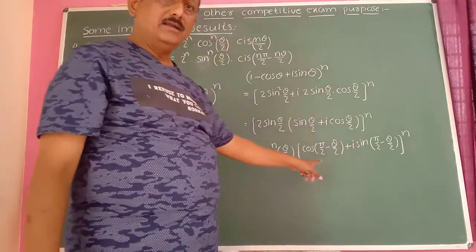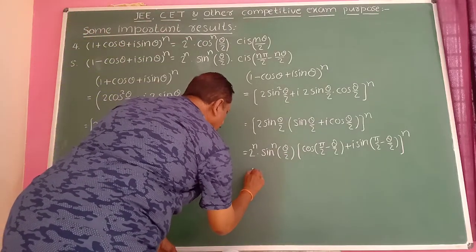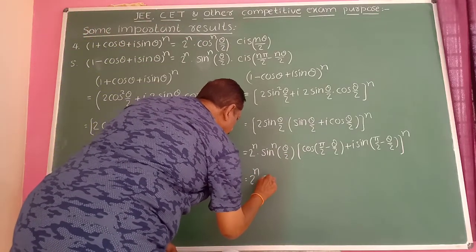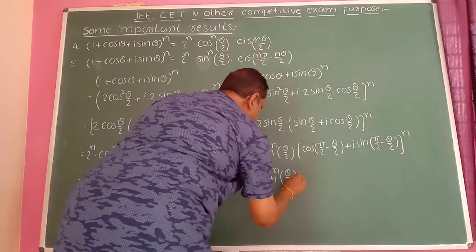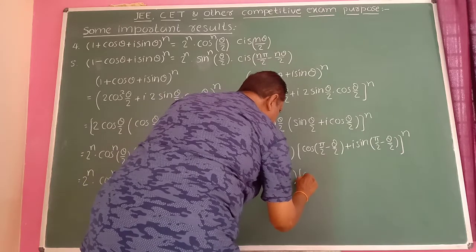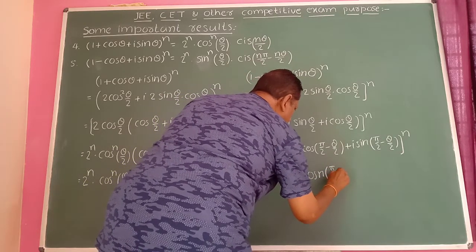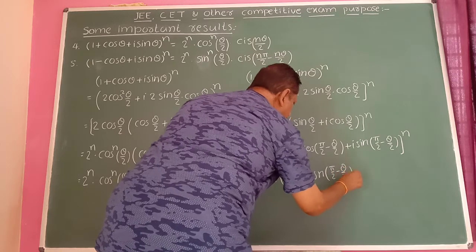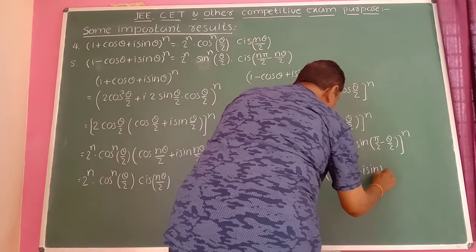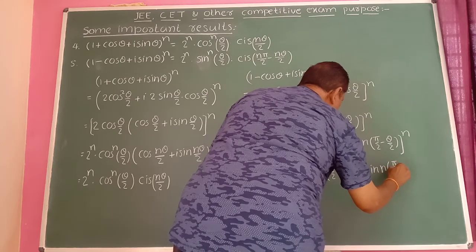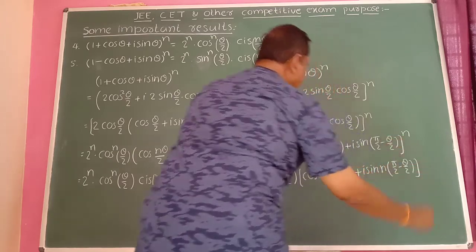Now we can apply De Moivre's theorem here. So therefore this is equal to 2 raised to n, then sin raised to n theta divided by 2 into the bracket cos of n into (pi by 2 minus theta by 2) plus i into sin of n into (pi by 2 minus theta divided by 2).